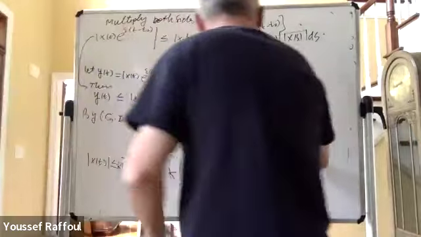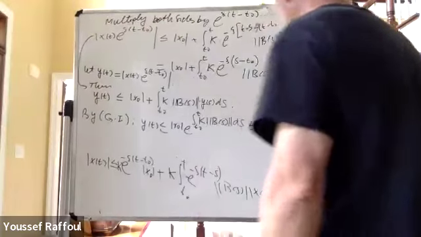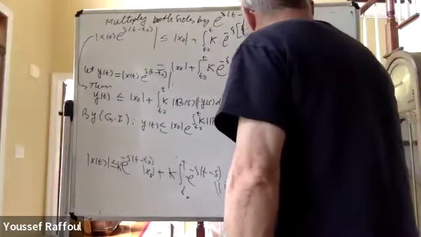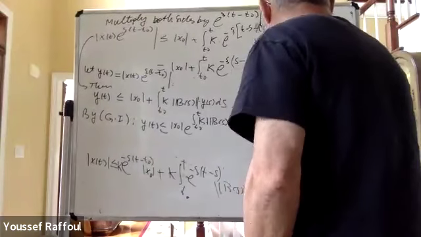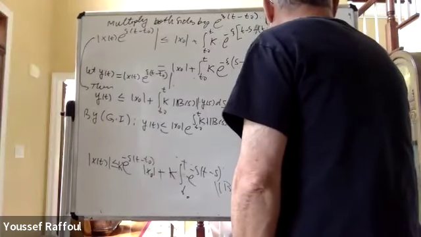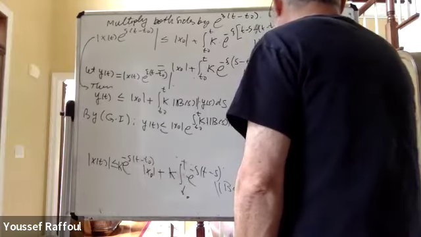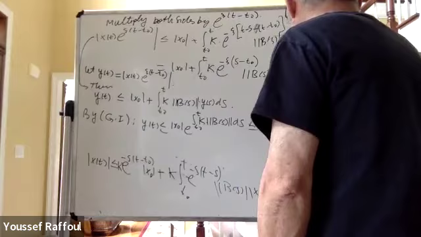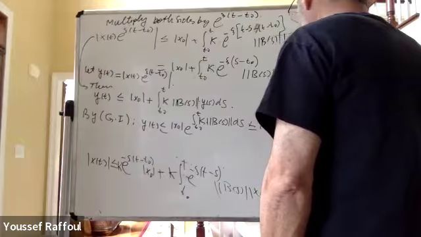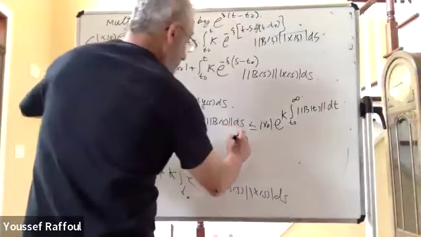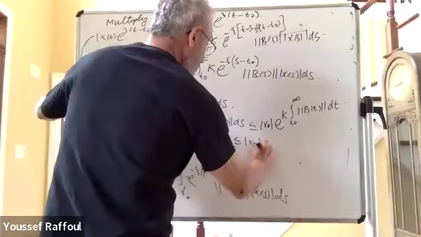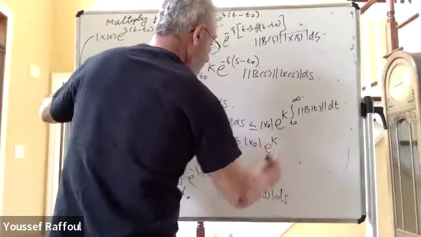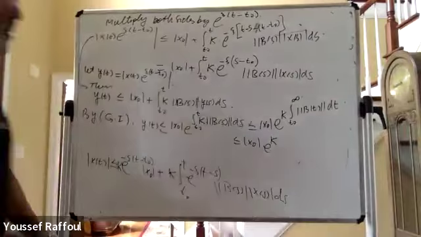And this is less than or equal to x naught e to the K integral from t naught to infinity of b(t) dt, and this is less than or equal to x naught e to the K. What is this condition here?